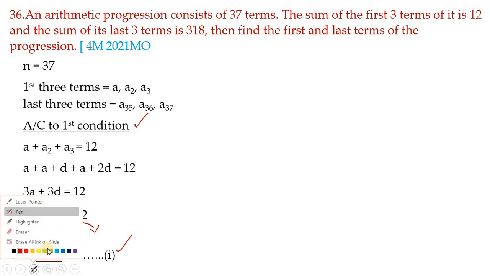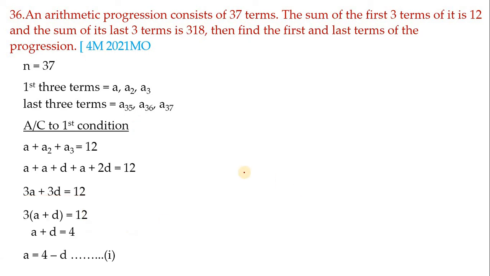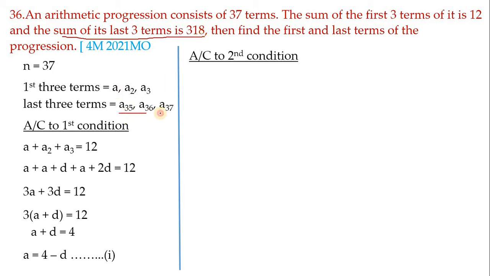Similarly, let us use the second condition now, children. What is the second condition? They are saying that the sum of the last 3 terms is 318. Find the sum of all these, and it is 318. Now let us simplify this.